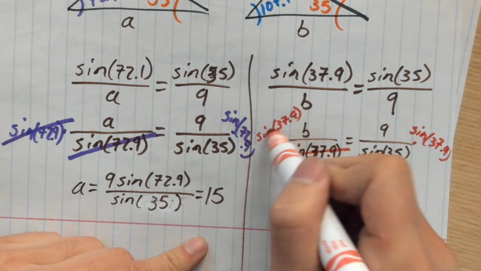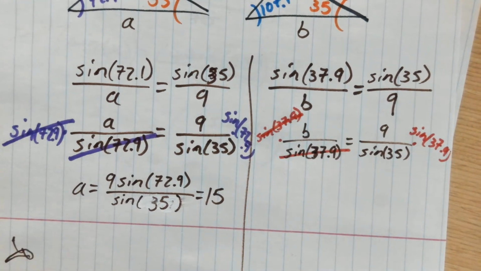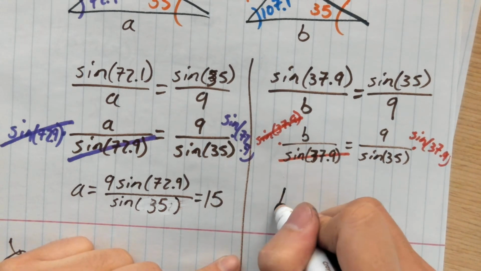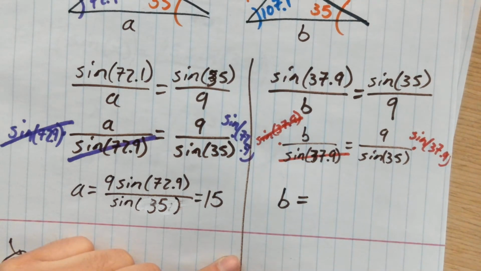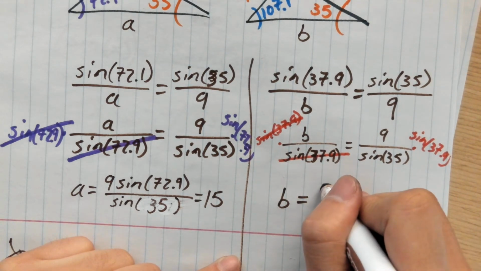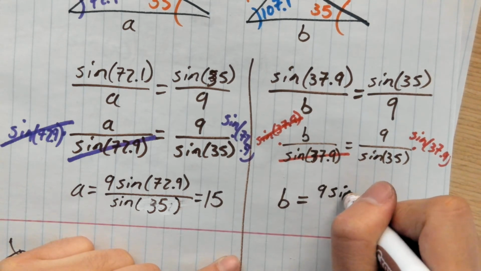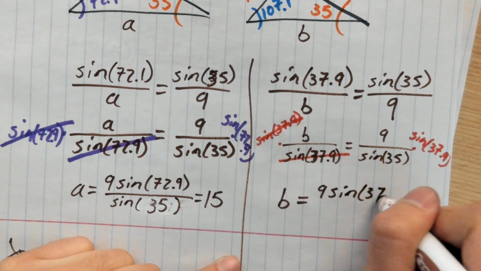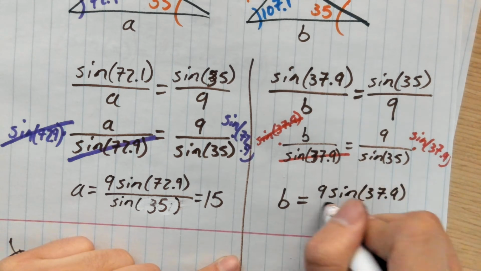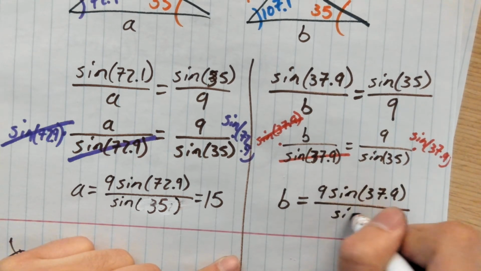The sine of 37.9 on the left cancels out, leaving me with B equals 9 sine of 37.9 divided by sine of 35.